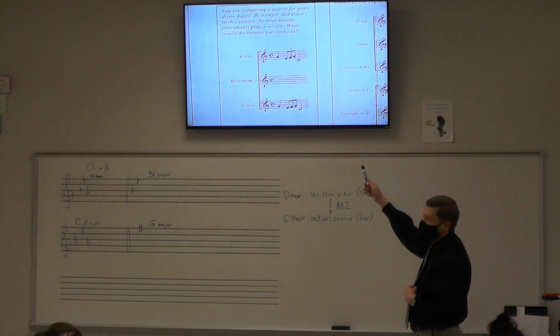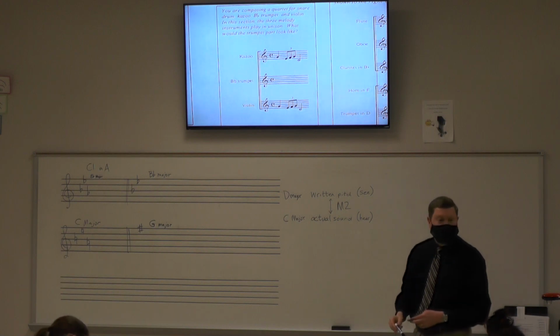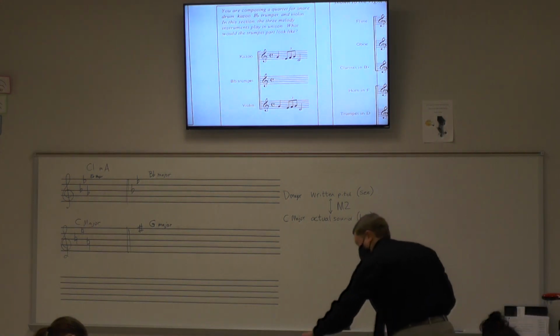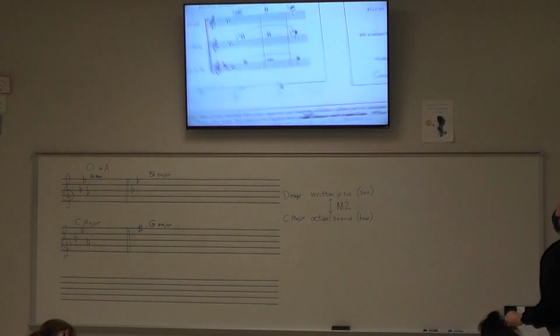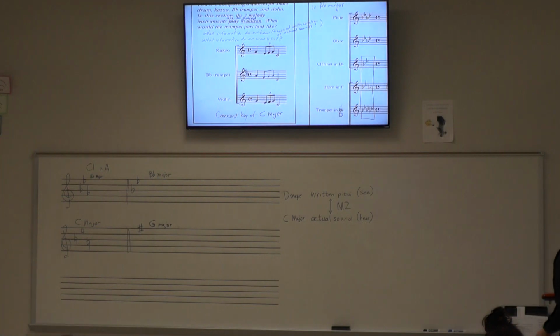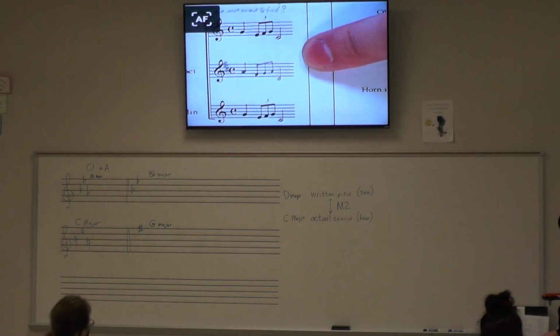So it's going to be A, then it's going to be what? F sharp and G and A, and then it's going to end on a D. Does yours sort of look like this?